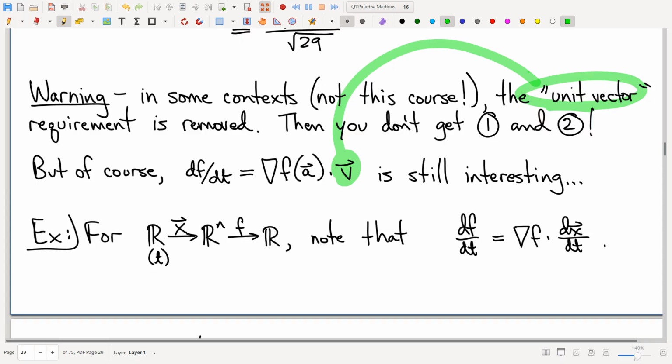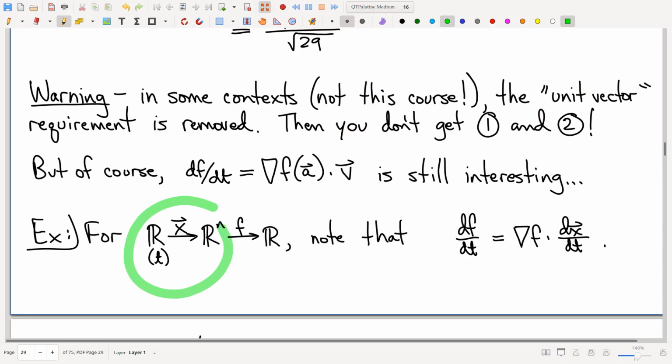Okay, here's the thing though. It's still a perfectly reasonable question to ask. Hey, suppose I'm moving with some velocity in the domain. This could be any vector. This is still a reasonable thing to want to know: how fast the function's changing?